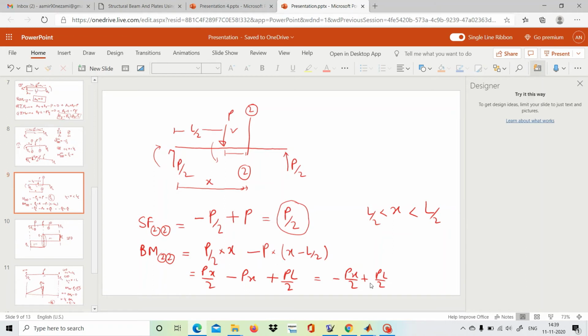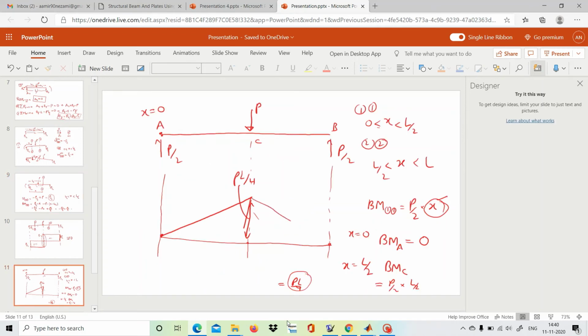At X equals to L, it would be minus PL by 2 plus PL by 2, which equals 0. So now it's a triangular shape with the maximum magnitude at the midpoint, which is equal to PL by 4. So this is the bending moment diagram for this simply supported beam carrying a concentrated load.